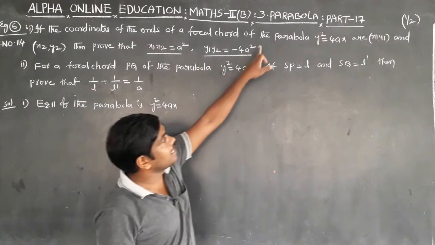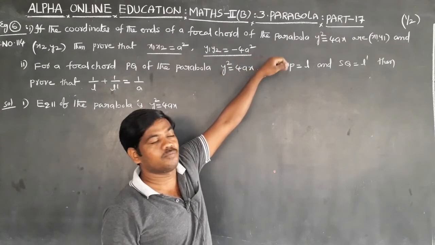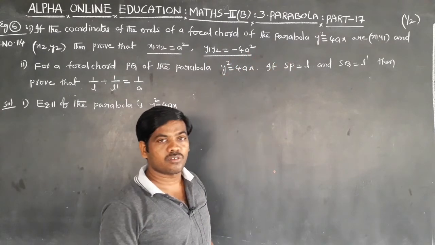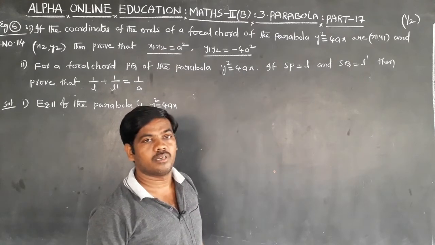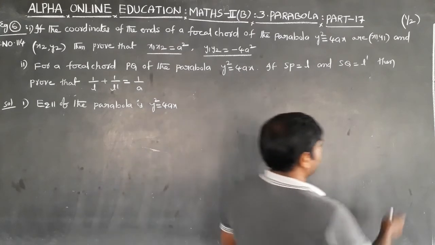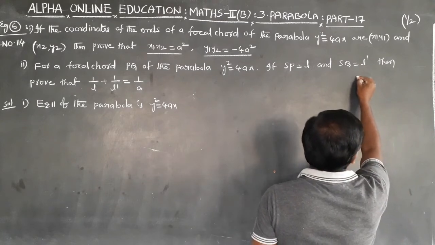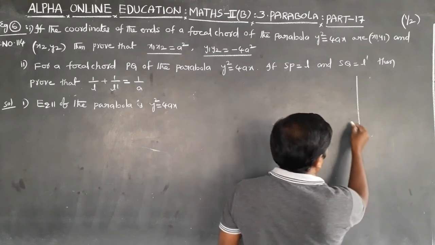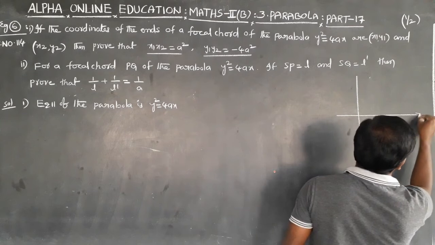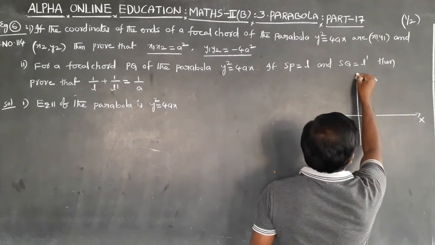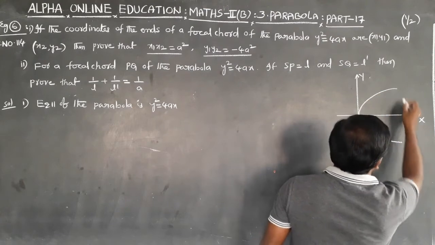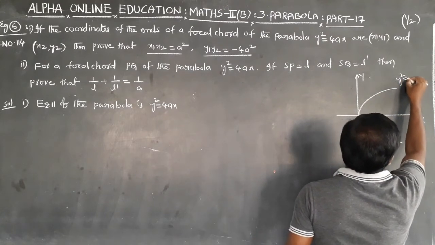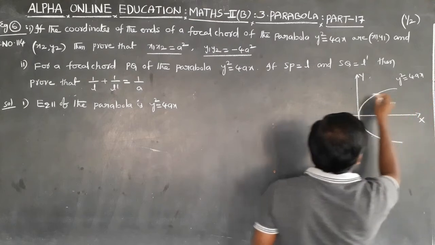Here the ends of the focal chord of the parabola y² = 4ax are (x1, y1) and (x2, y2). First of all, draw the diagram of the parabola. This is the x-axis, this is the y-axis, this is the parabola y² = 4ax.